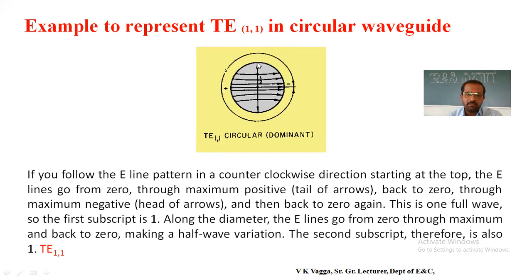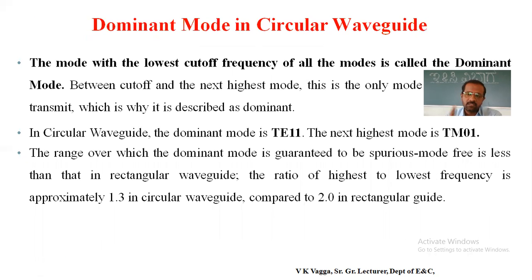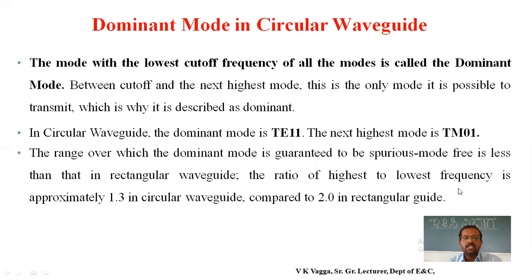And if you take the diameter, it is represented with only a single line, so n is also equal to 1 in this case. So this is indicated as TE11. This is an example of the circular waveguide. And if you take this as the dominant mode, once again the same thing I said: the mode with the lowest cutoff frequency is called the dominant mode in the rectangular waveguide.